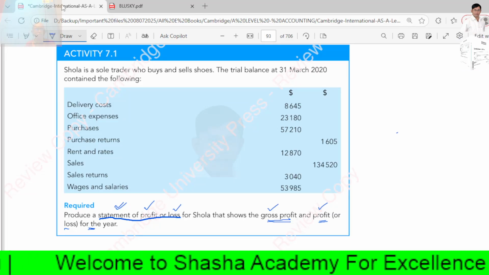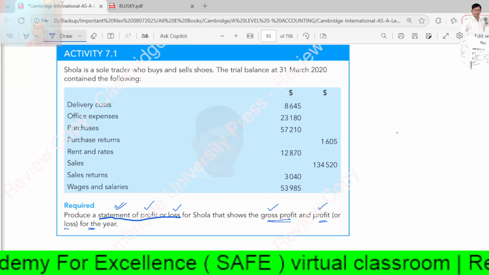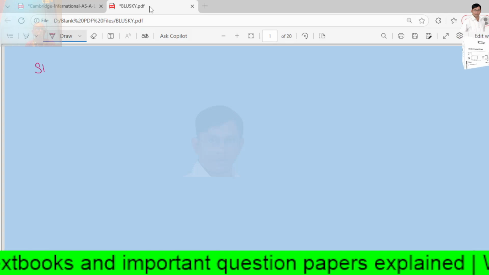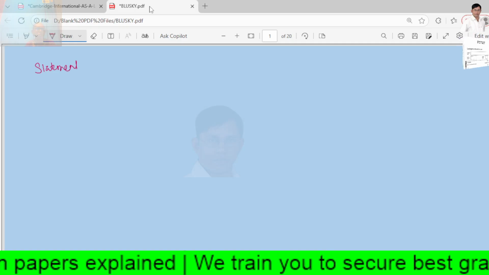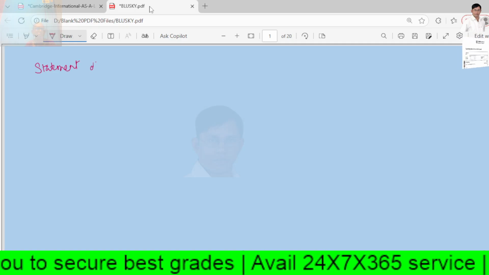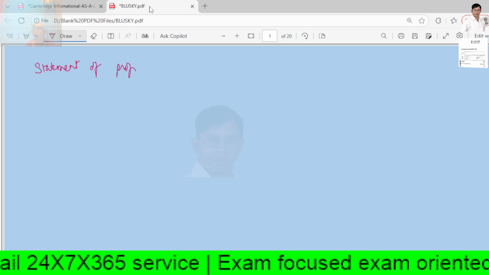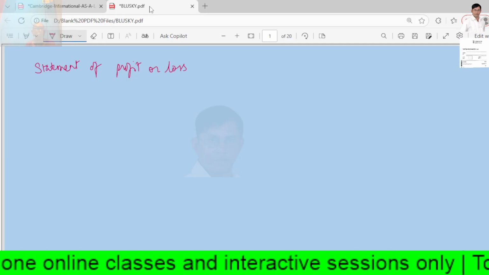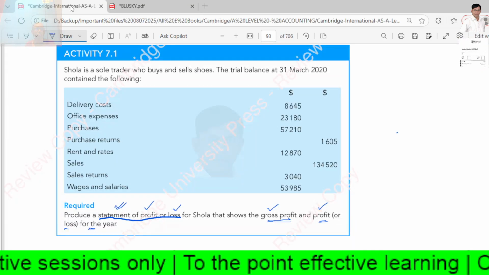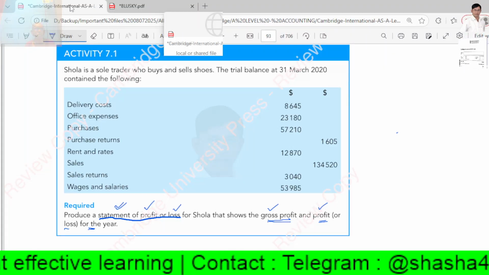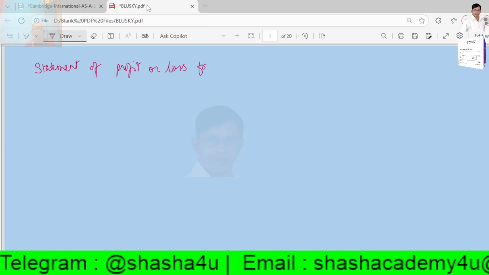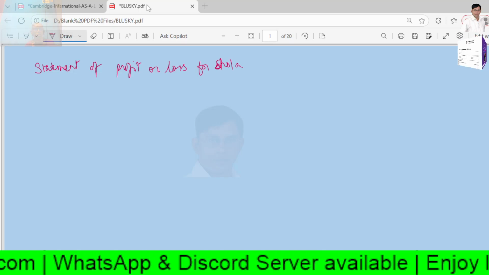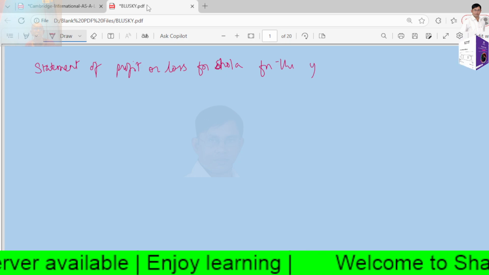Statement of profit or loss for Shola for the year.